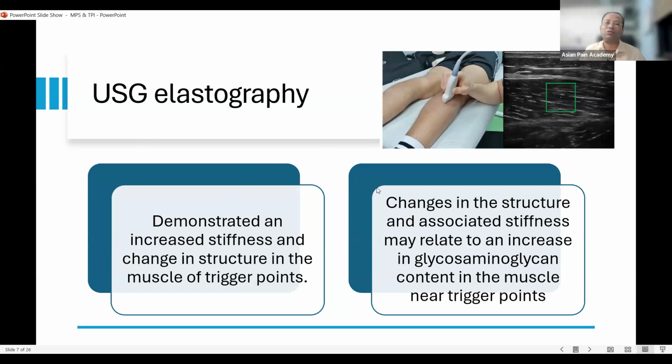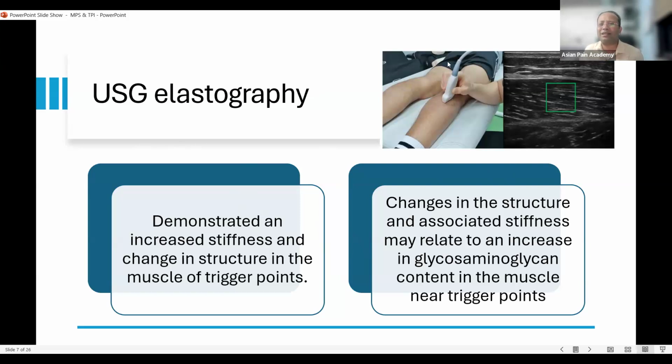But with USG elastography, you can see how much elasticity the muscle has. It is similar to liver disease, where they do FibroScan to see the amount of fibrosis. So it shows how much elasticity of that muscle is there.